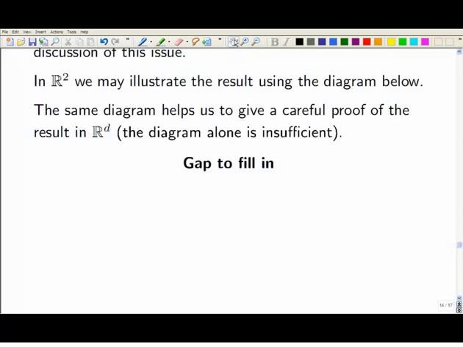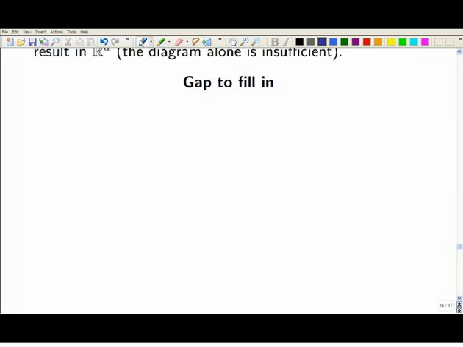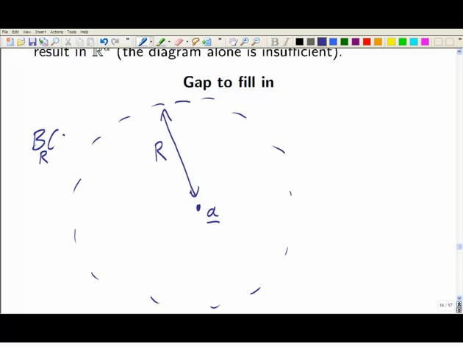So I'll draw you the picture in R squared, and then we'll base our proof in R to the D on that. So you take a typical ball in R squared, it'll look something like this. So this is the open ball, radius capital R, centered on the point A. And the claim is that this so-called open ball is actually an open set.